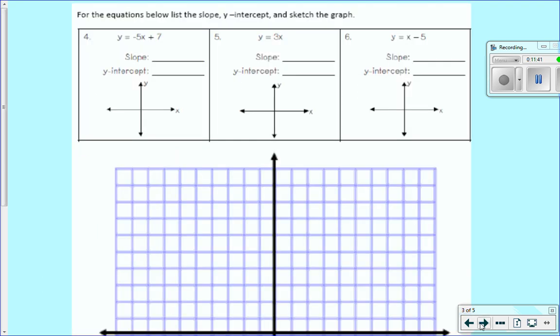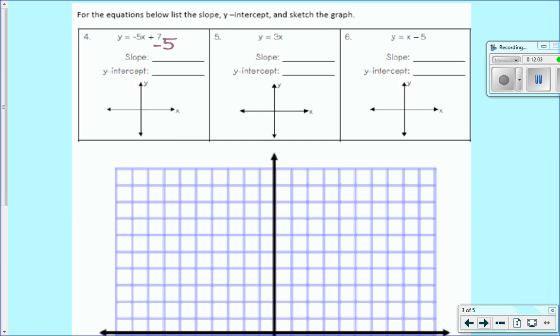Turn it over to the back. We're going to start graphing an equation. This is so cool. All right, for number 4, we have y equals -5x plus 7. What is the slope in the equation? You got it. -5.